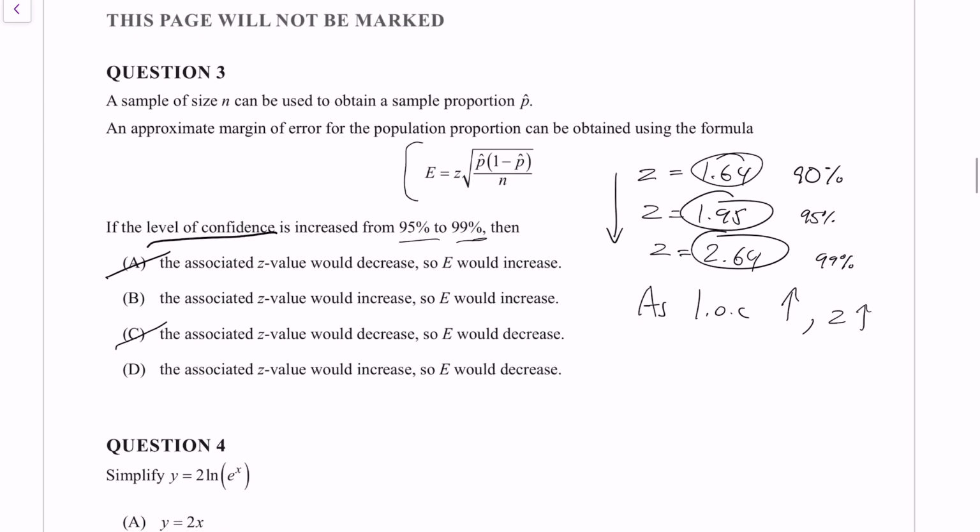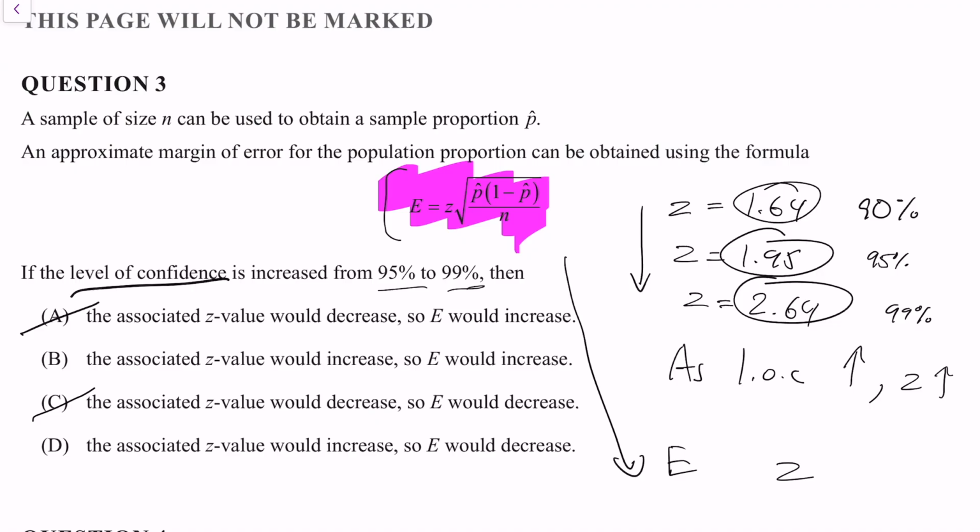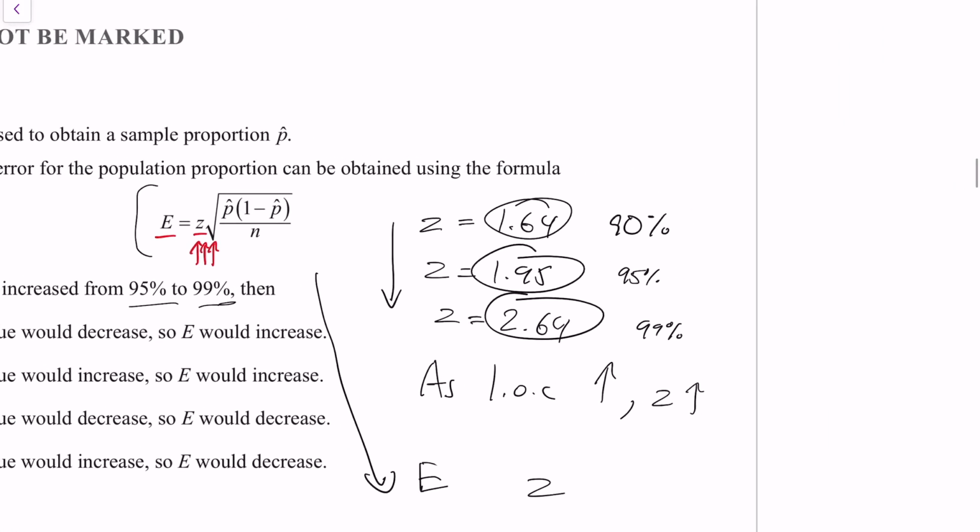Now, if we look at this equation right here, if we just focus on the two variables that we're really concerned about, those letters are E and Z. If I underline those two variables, we can predict what would happen if we increase Z. Say we increase Z to a very high number, maybe from 1.95 to 2.64.